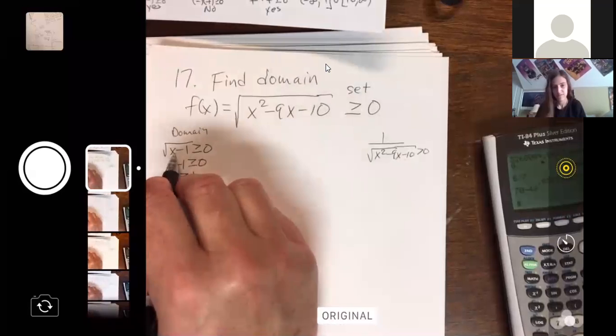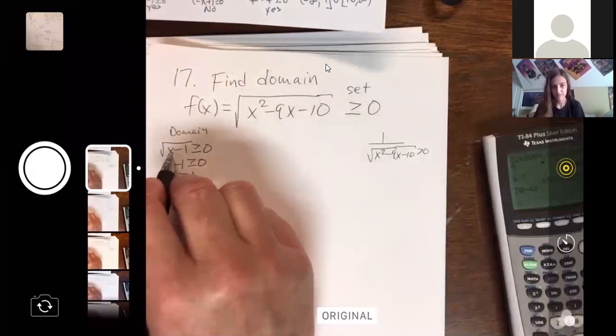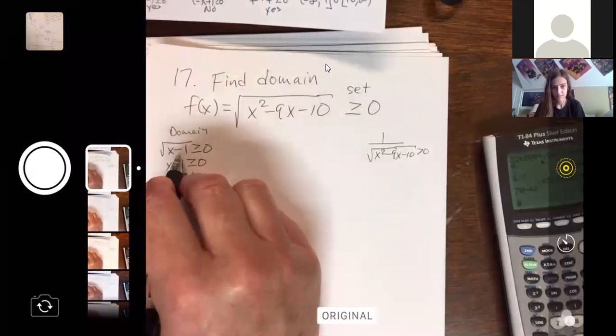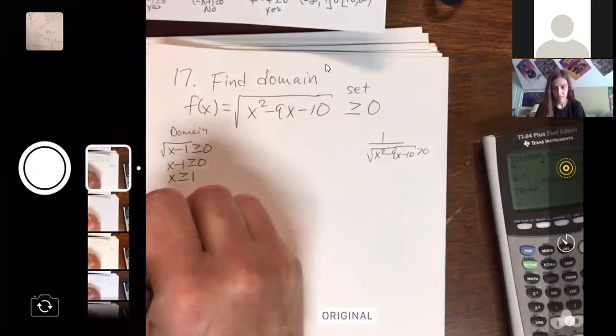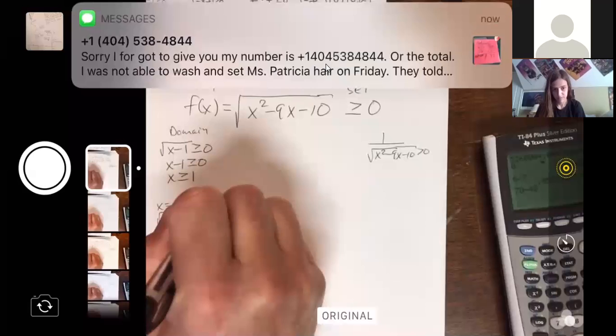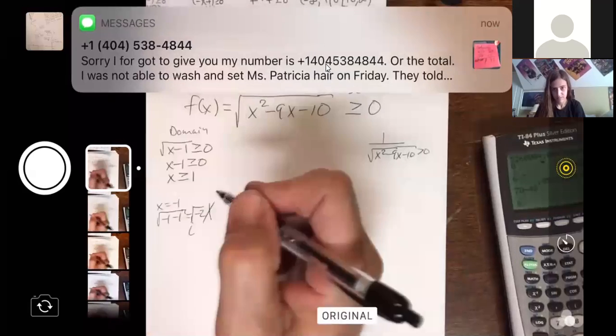I can use 1 because it's on top, and 1 minus 1 is 0, the square root of 0 is 0, and then I can use anything bigger than 1 because it'll stay positive. But if I use x is -1, then I get the square root of -1 minus 1, the square root of -2, which is an i. That's illegal.